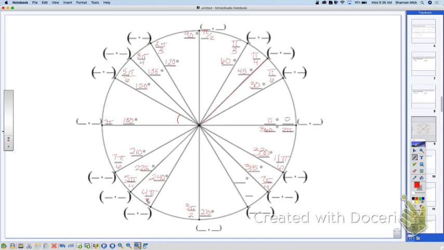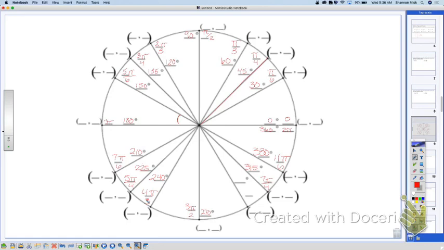When your denominator is 4, what is your reference angle every time? Pi over 4, 45. So those two, pi over 4 and 45, need to be interchangeable soon. Every time I see a 4 in the denominator, my reference angle is pi over 4. Every time I see a 16 in the denominator, my reference angle is pi over 16.